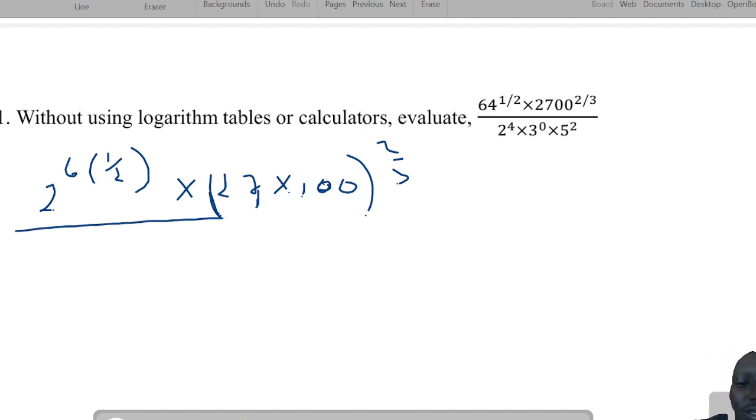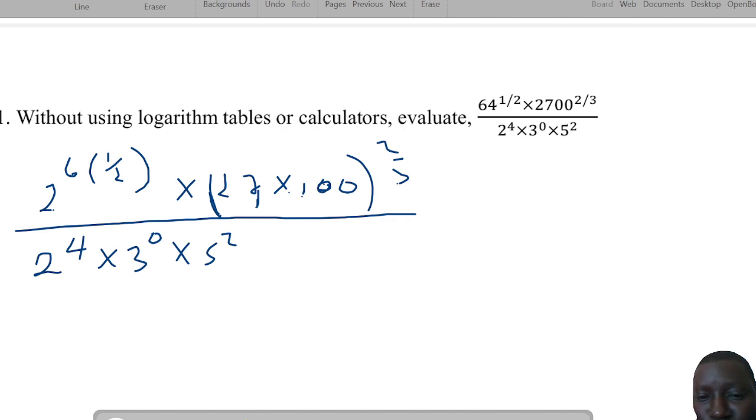Then all this is divided by 2 to the power of 4, then times 3 to the power of 0, then times 5 to the power of 2.